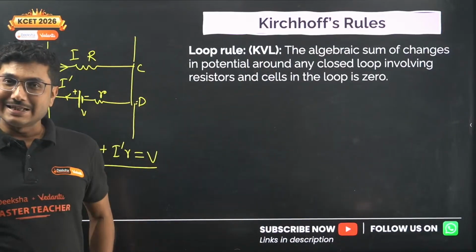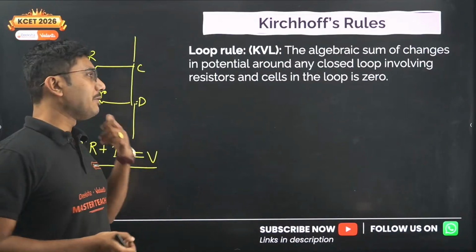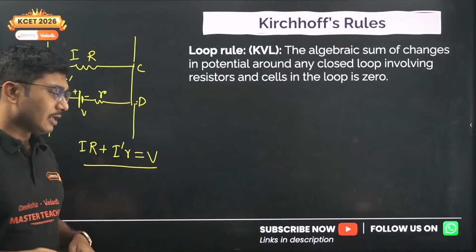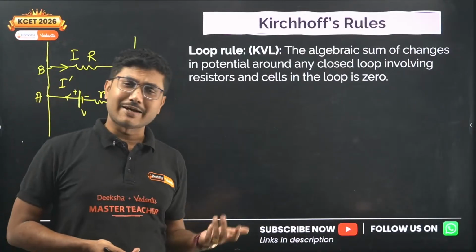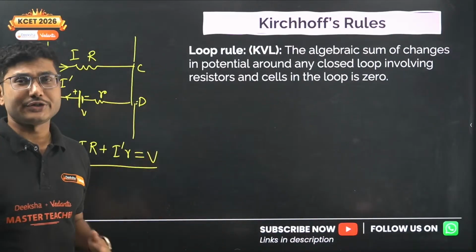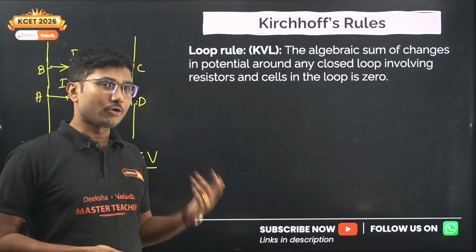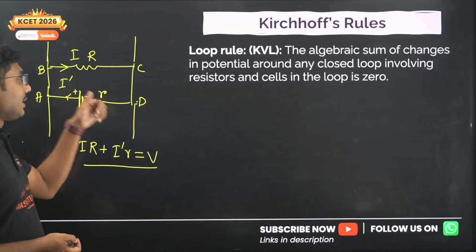First stage is to apply KCL and find the currents. Imaginary currents, it does not matter. You have to take a direction of current. If you don't know the direction of current, that is fine. You take the direction of current on your own. The calculation itself will take care of whether it is positive or negative. Negative current represents that the current is actually in the opposite direction.